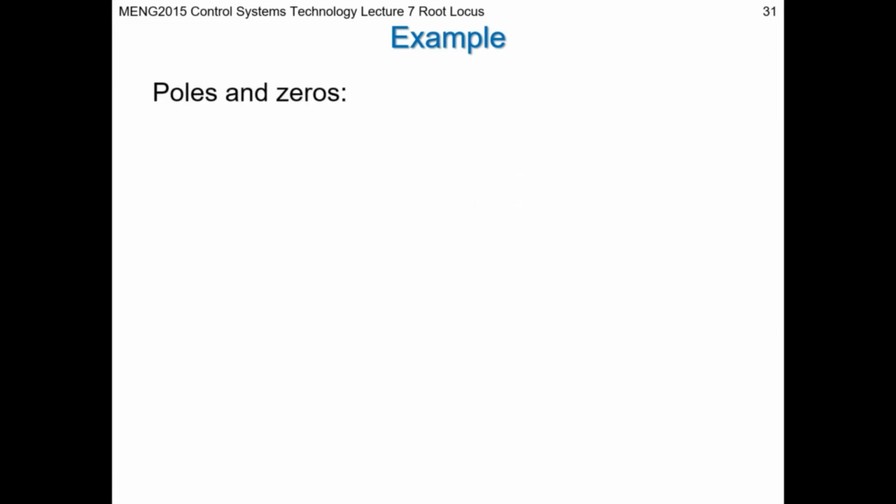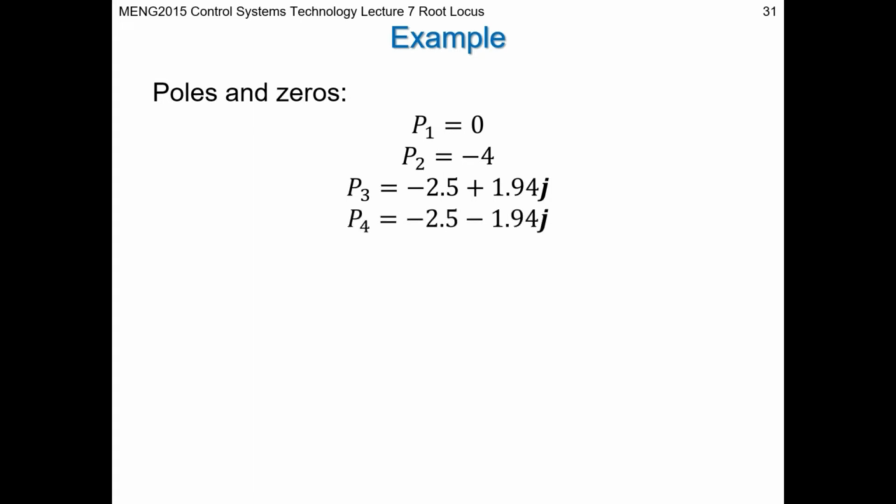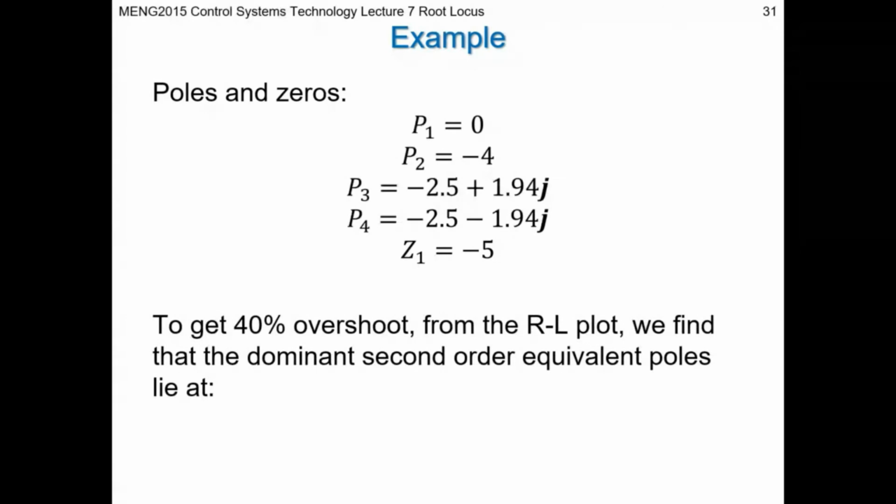First of all, as I said, we have to get our poles and our zeros. Our poles are at 0, -1, and, this is the answer to what I was alluding to earlier, -2.5 plus 1.94j, and then the fourth pole -2.5 minus 1.94j. Then we've got this 0 at -5. To get 40% overshoot from the root locus plot, we need to find the dominant second order equivalent poles.